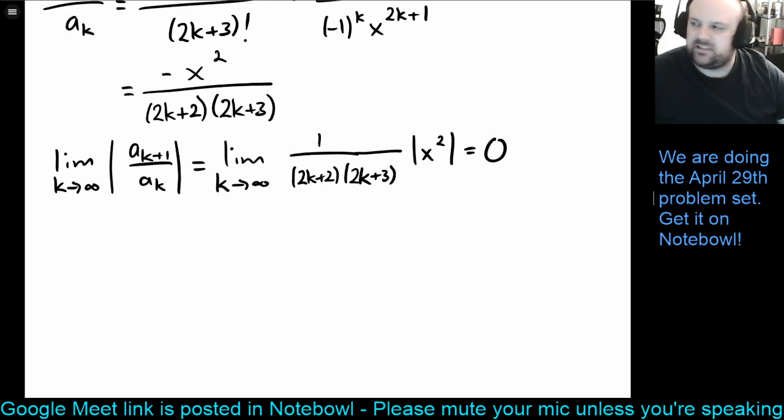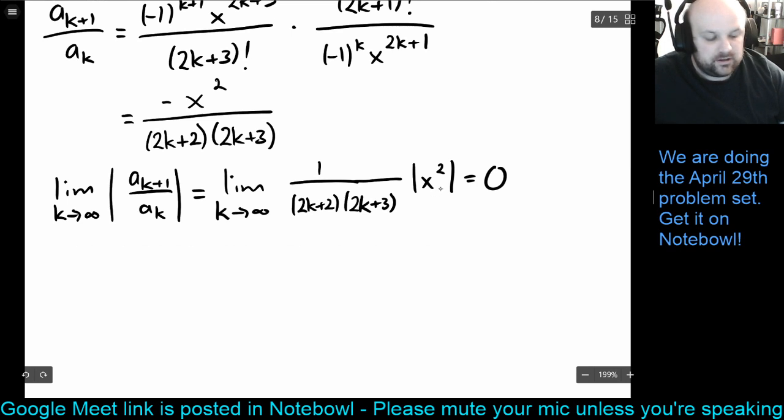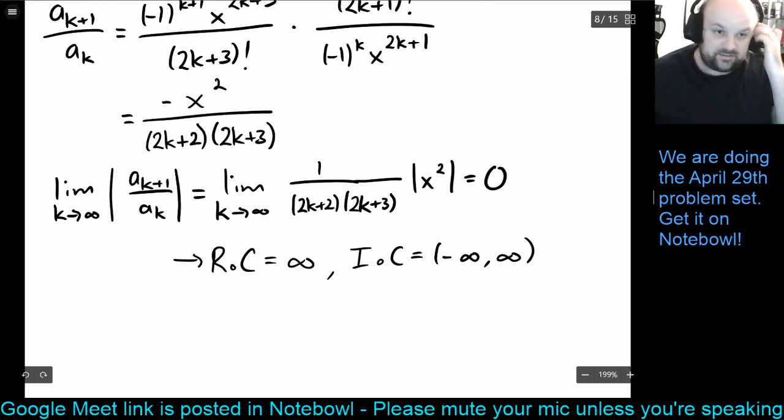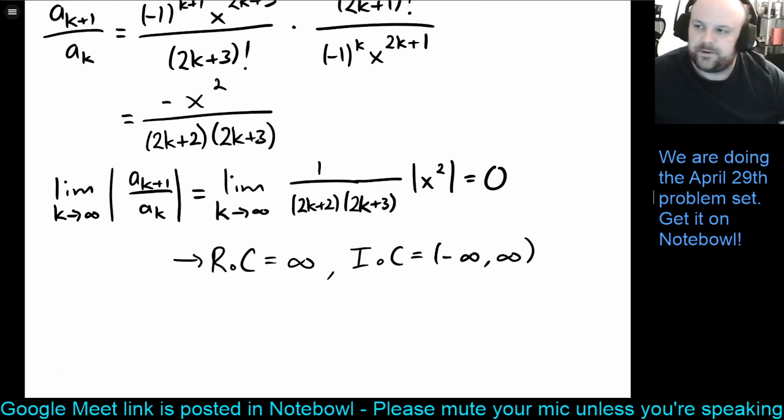These numbers are meant to say for what x values does this series converge? Well, this limit is 0 regardless of what x is, so that means it converges for everything. So the radius of convergence is infinity. And if the radius is infinite, then we don't even have to do any work on the interval. It just automatically has to be minus infinity to infinity. So any questions about this?